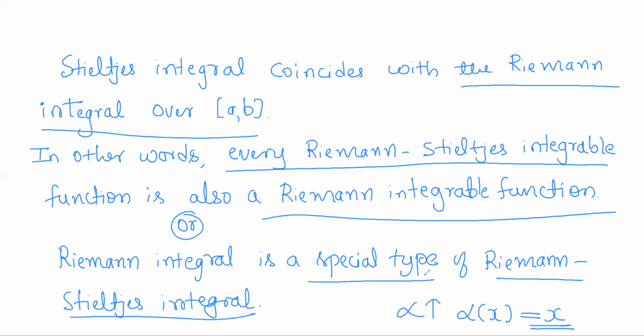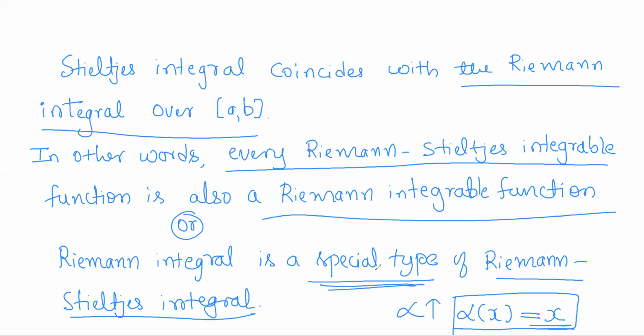The Riemann integral is a special type, and the Riemann Stieltjes integral is a generalized one, a generalization of the Riemann integral.